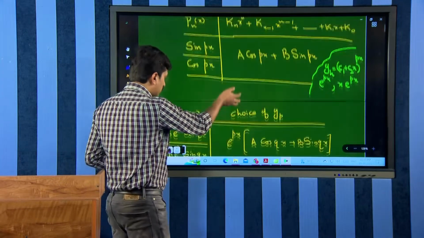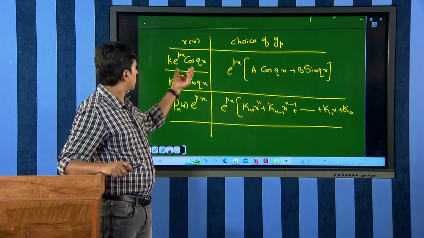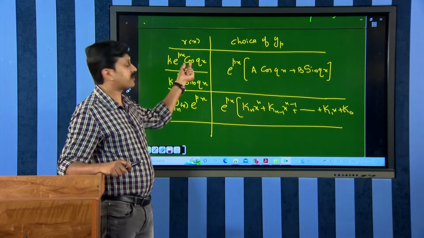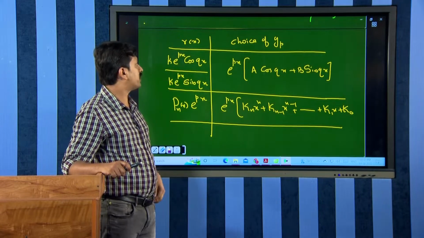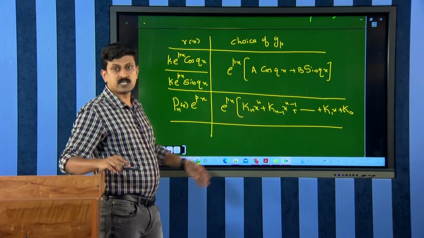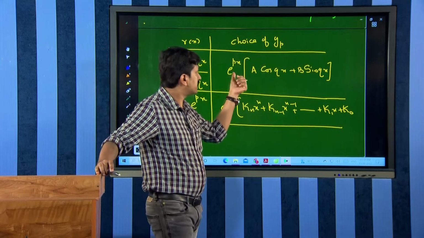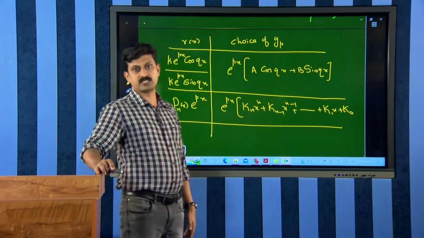Maybe r of x is a combination of the exponential function and trigonometric function, of the form k e raised to px cos qx and k e raised to px sin qx. Then the choice for yp is e raised to px times a cos qx plus b sin qx.